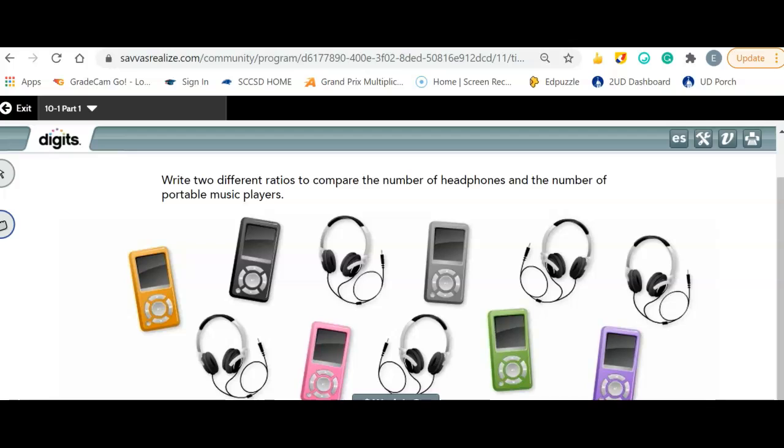All right. We're going to look at your guided notes. Your guided notes say, write 2 different ratios to compare the number of headphones to the number of portable music players. Listen to that. Read that. Up here on the screen it says, write 2 different ratios to compare the number of headphones and the number of portable music players.